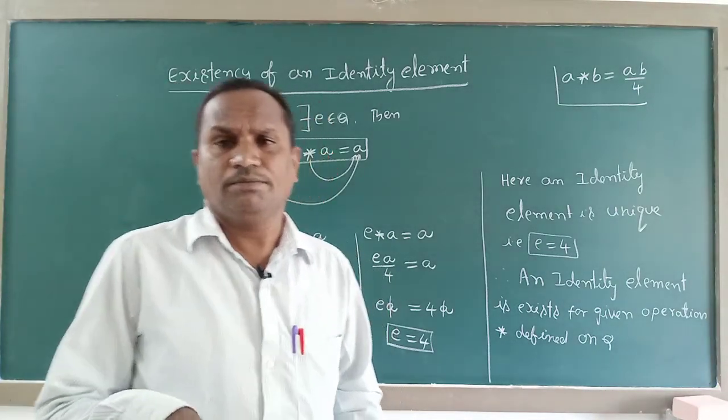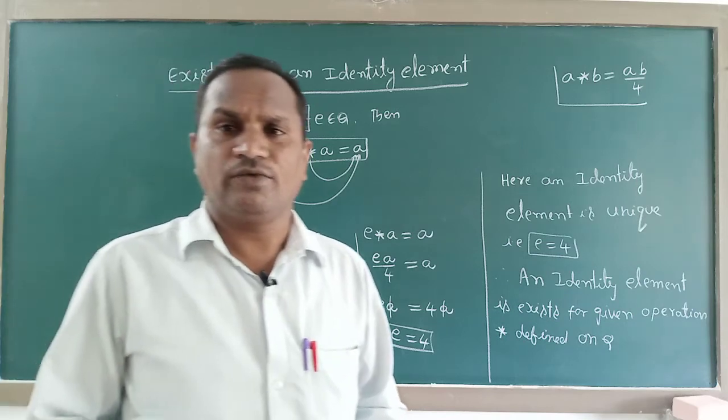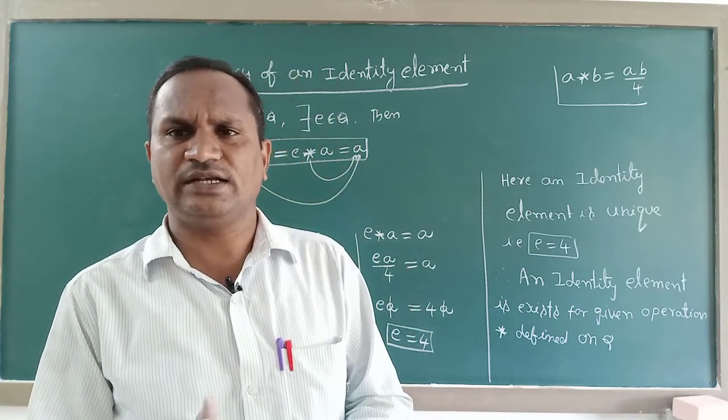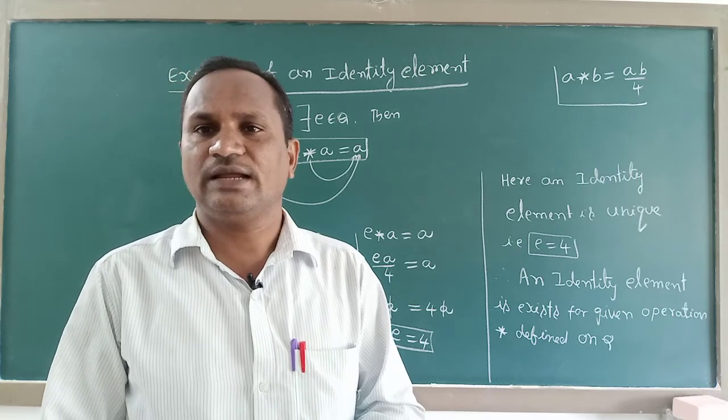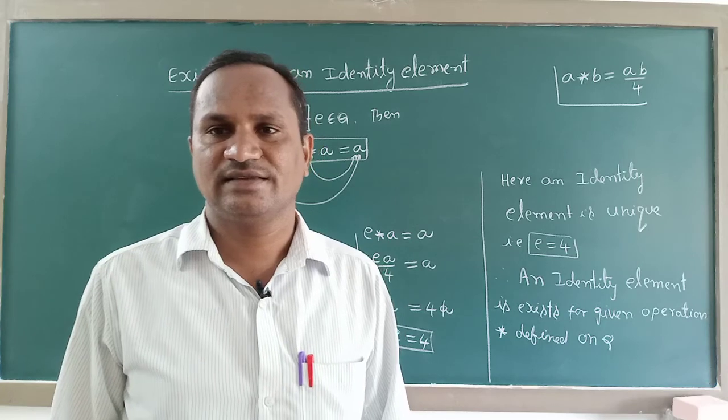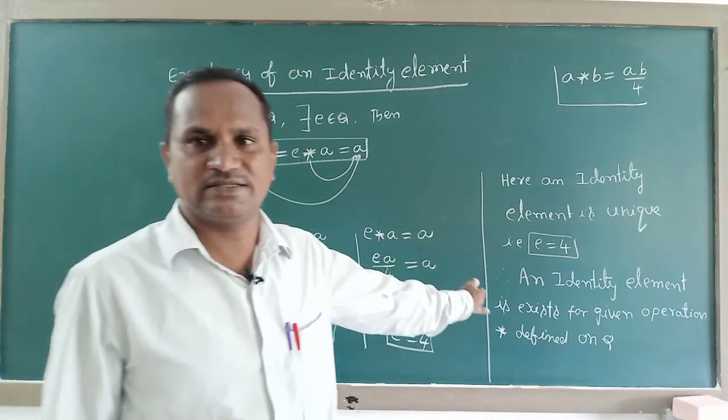But you have to be careful in finding an identity element here. In some cases we are getting different values for E. At that time you can directly write that an identity element does not exist. But why am I not writing here that it does not exist?